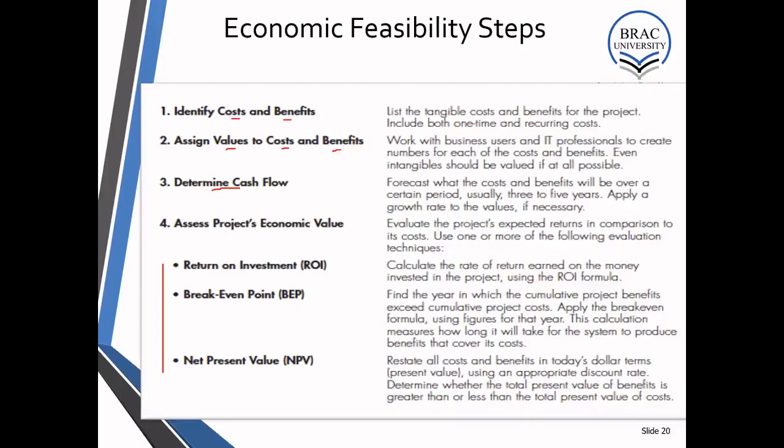So your system becomes profitable after the break-even point. It's actually a year-based or time-based calculation. We'll explain it more in the next part. Then the net present value. The net present value represents the present value of your information system, or the project or product you have developed.